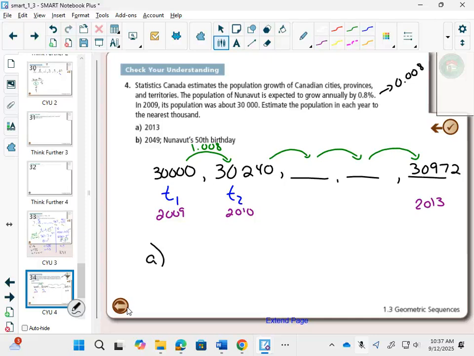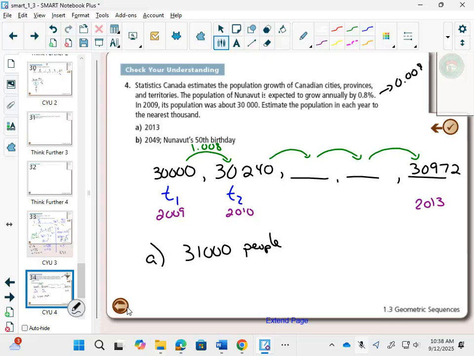But in part A, it says estimate to the nearest thousand, so I round that up to 31,000. An estimate, when you're predicting something, doesn't make sense with decimals. I don't think there's going to be 30,971.5 people. The rounding is because we're doing an estimate anyways.